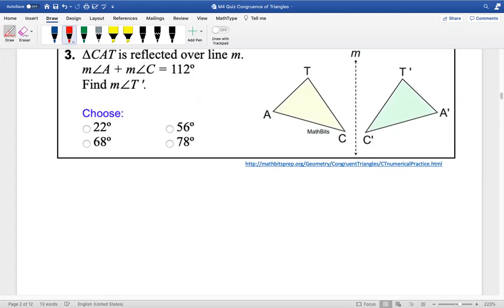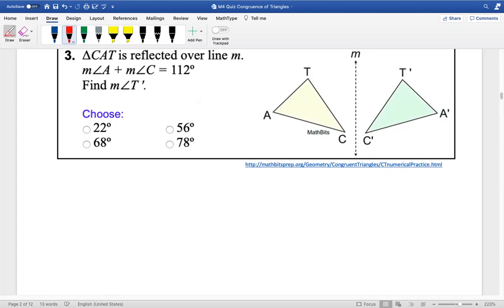In question number 3, triangle CAT is reflected over line M, so our axis of symmetry is line M here. The measure of angle A plus the measure of angle C is equal to 112, and we need to find the measure of angle T prime.